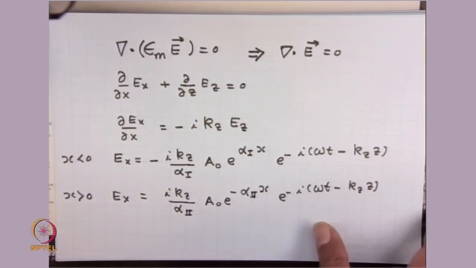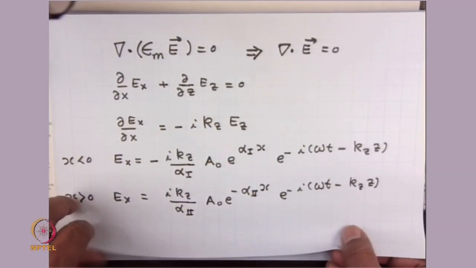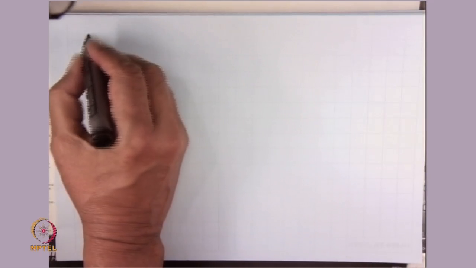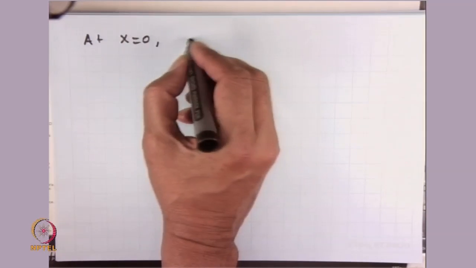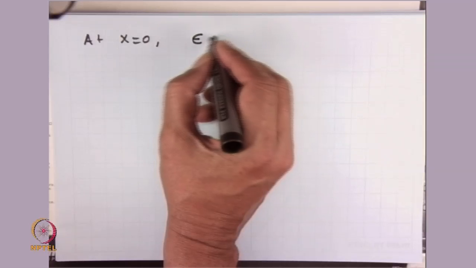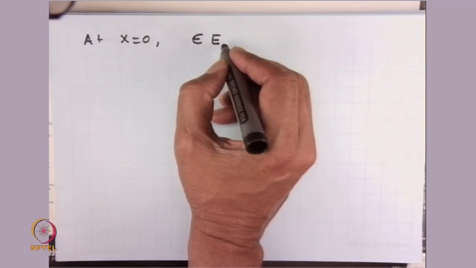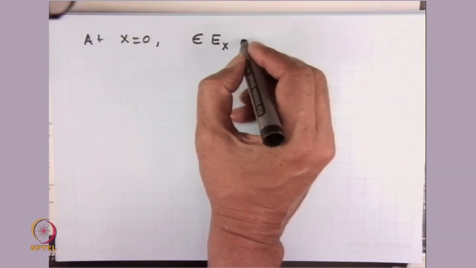Another important thing is that at the boundary, the normal component of the electric displacement vector should be continuous. At the boundary, which is x equal to 0, epsilon into Ex should be continuous.